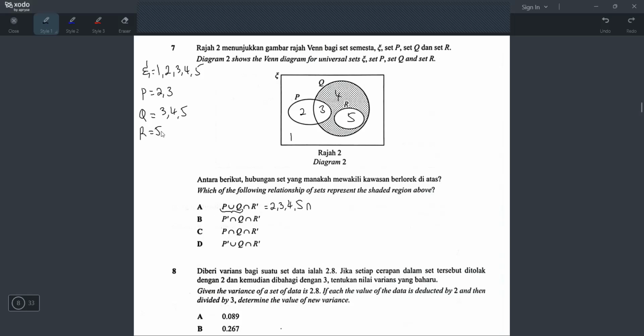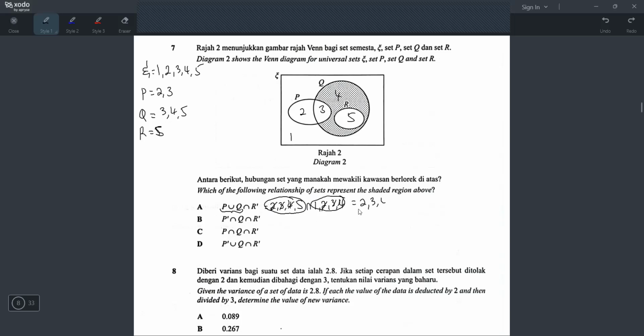R complement means everything except R. But inside R is labeled with 5 only, so everything except 5 will be 1, 2, 3, 4. Then you find the intersection of these two, which will be 2, 3, 4. So the answer for A would be 2, 3, 4, which is not correct, because the shaded region should be 4. So we all know A is wrong.